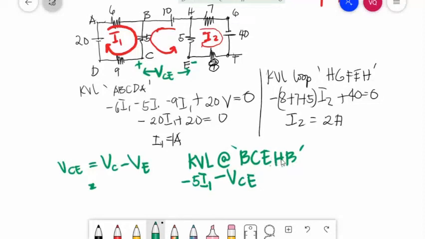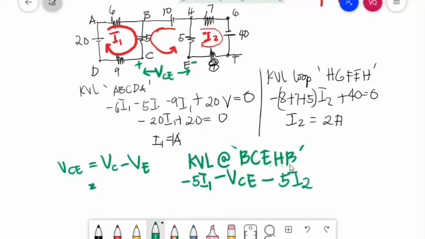Then EH, same motion and same direction of current, negative 5. Again, what is the current at the 5 ohm resistor? You have I2, so minus 5 I2.